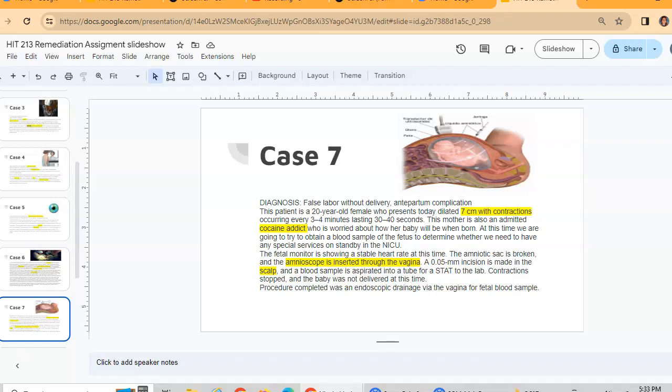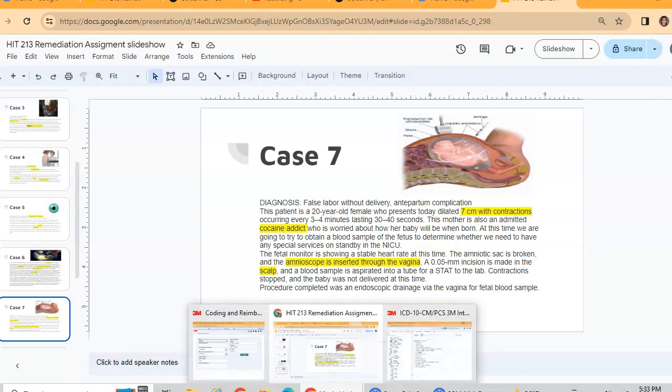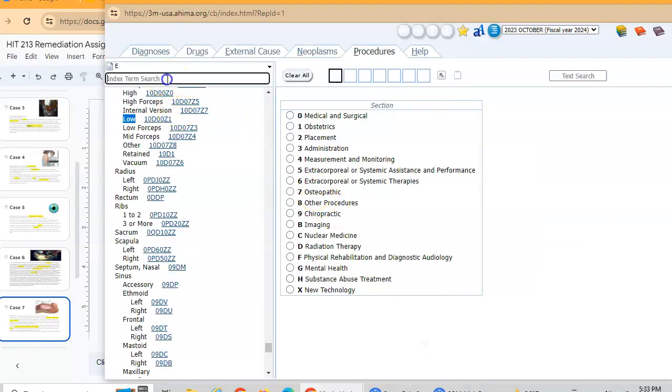So I would look up amniocentesis, fetal blood sample via amniocentesis or amniofluid, amnioscope. For this one, we are going to code drainage.